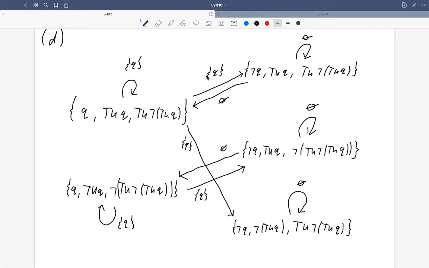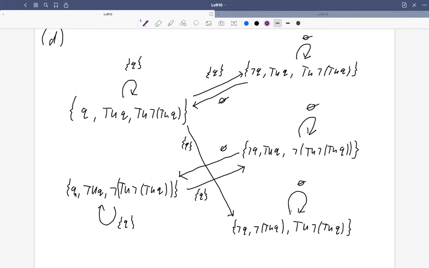Just to make it clear, I'm going to put the arrows into the initial states in purple. So it's all those that contain the formula not phi, where phi was true until not true until Q.